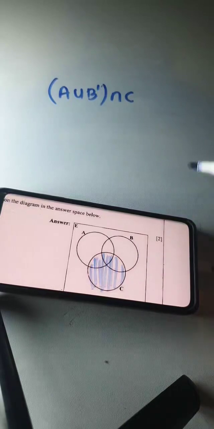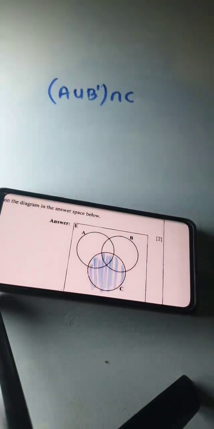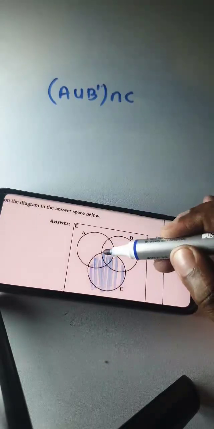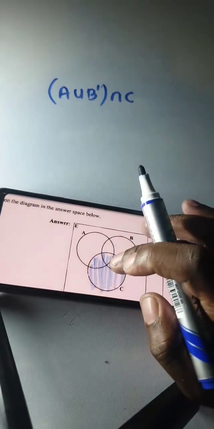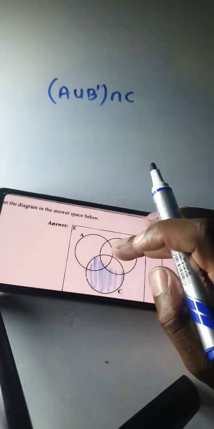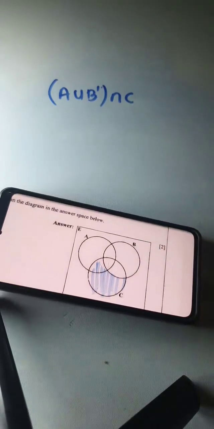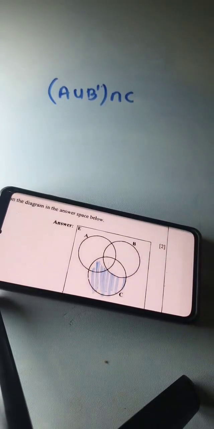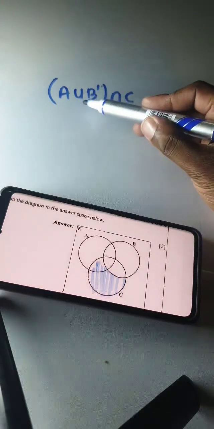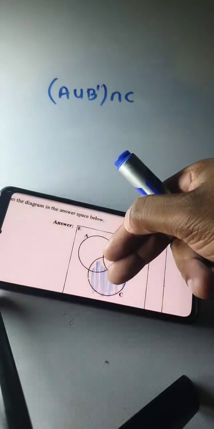But now, because B has a complement, it's saying that anything to do with B, don't shade. So we don't shade anything in B. What is in A should be shaded together with what is not in B. So B has been excluded from being shaded.